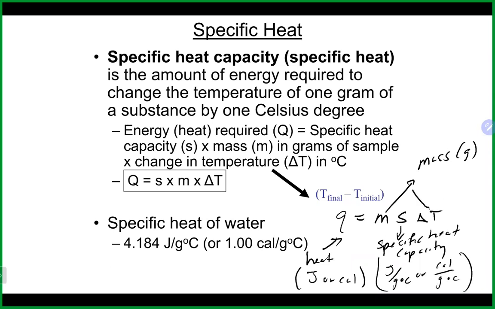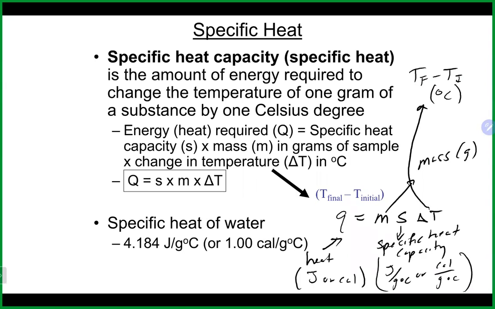And lastly, this is our change in temperature, which is our final temperature minus our initial temperature. And this is one of the very few things in chemistry where you probably will leave your temperature in degrees Celsius. So you actually won't convert it to Kelvin, but you'll leave it in degrees Celsius when you're doing specific heat capacity.